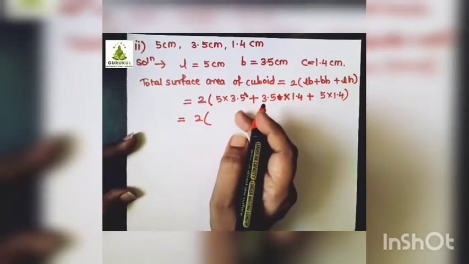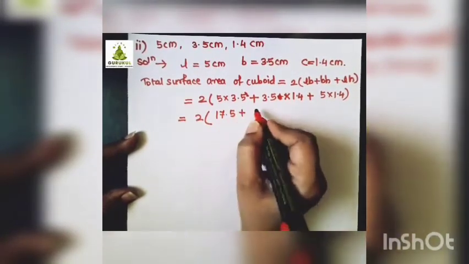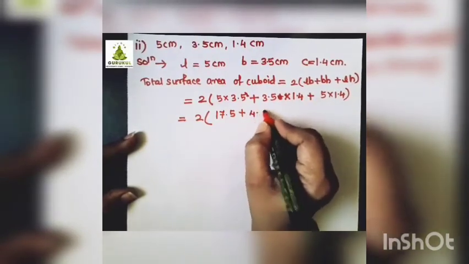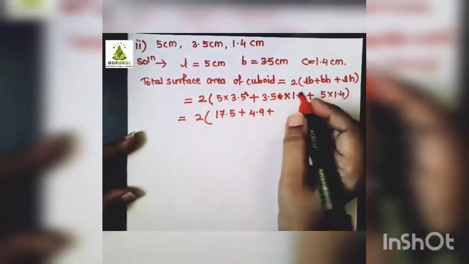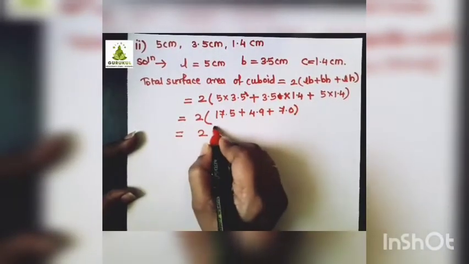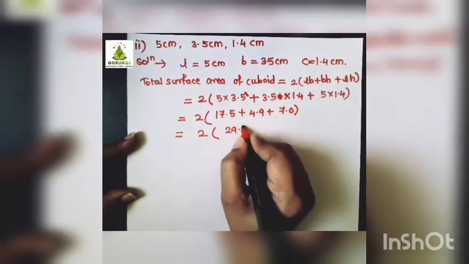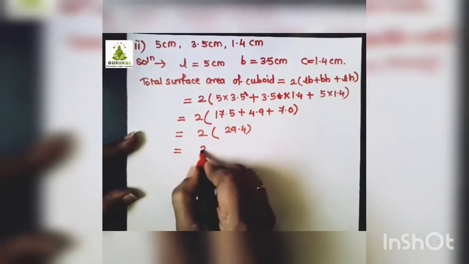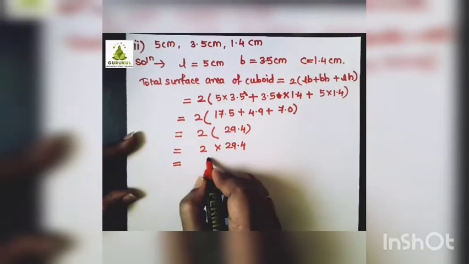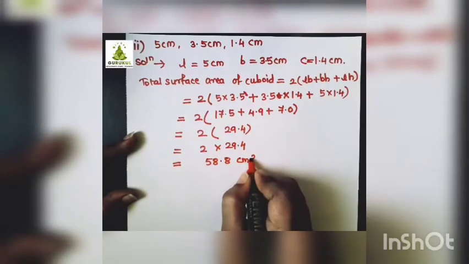Okay, so do the multiplication. 5 into 3.5, if you do, we will get 17.5. 3.5 into 1.4, if we do, we'll get 4.9, and 5 into 1.4 is 7.0. Do the addition, we'll get 29.4. Then 2 multiplied by 29.4 will be 58.8 centimeter square.